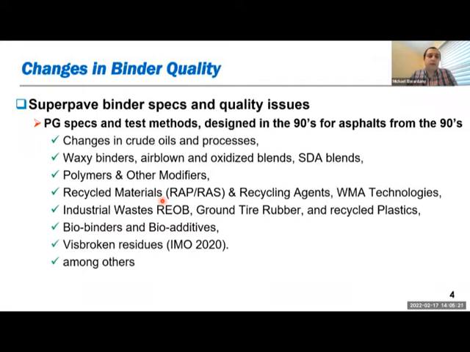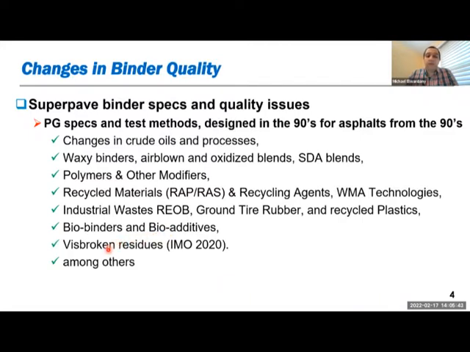Also, we have industrial wastes like re-refined engine oil bottoms. So even engine oils that are residues from refining or recycling go back to the asphalt market. Ground tire rubber, recycled plastics. We have biobinders, bioadditives.